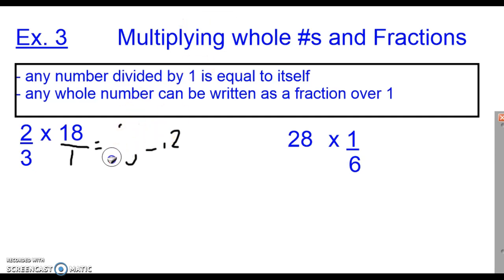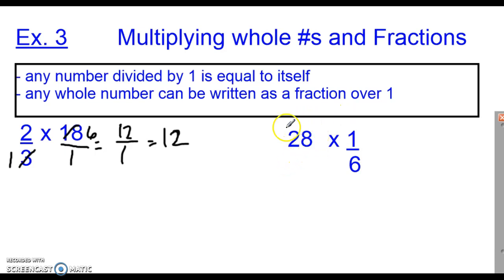From here, 3 and 18, I can take out a 3. 3 divided by 3 equals 1. 18 divided by 3 equals 6. Now 2 times 6 equals 12, and 1 times 1 equals 1. So I'm left with the whole number 12. Go ahead and pause the video and try the second one on your own. When you're ready, go ahead and push play.